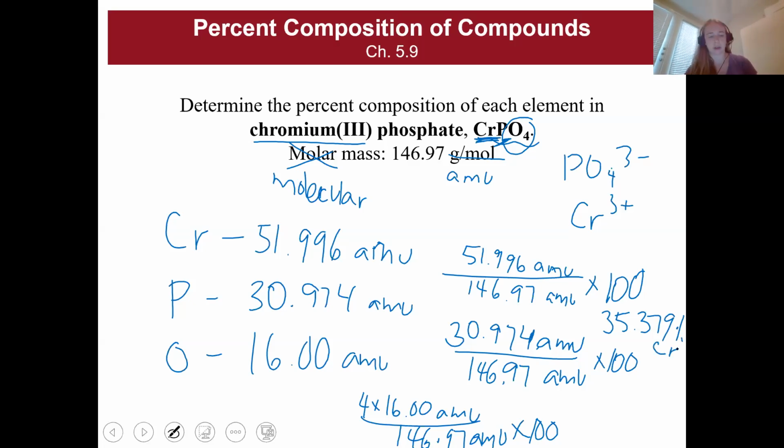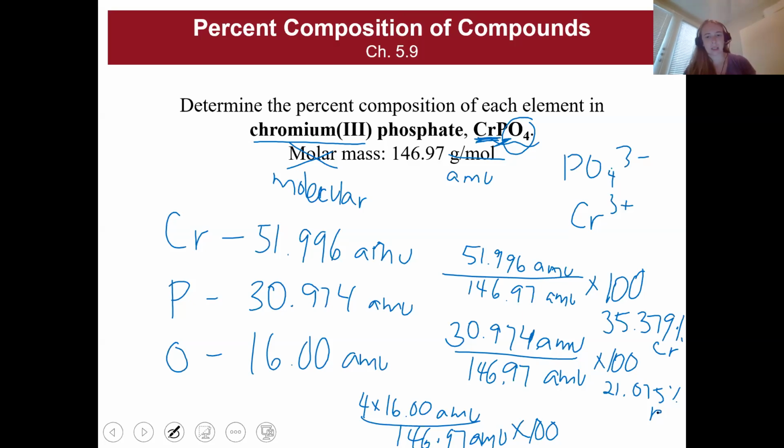All right, what about phosphorus? So 30.974 divided by 146.97 times 100. And that gives me 21.075% phosphorus.